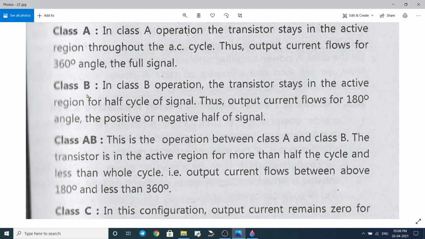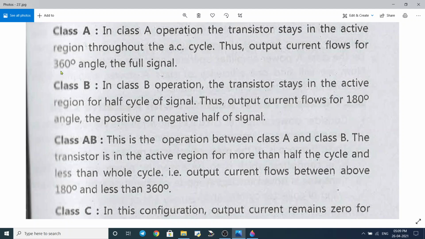In class B operation, the transistor stays in the active region for half cycle of the signal. Thus the output current flows for a 180-degree angle, half cycle.